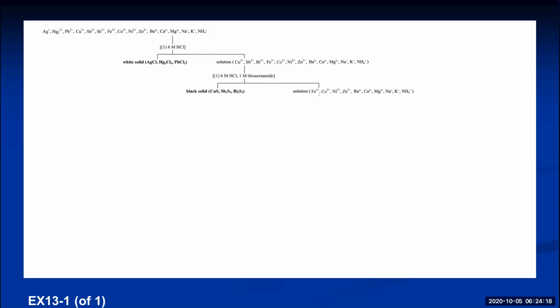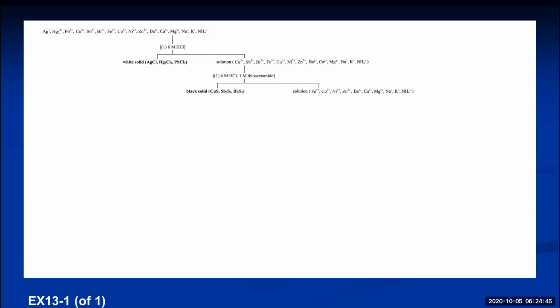In experiment 13 and 14, we took that black solid and went through a series of steps to analyze for those 3 specific cations. We found that in a basic solution, the antimony ion formed a complex ion and became soluble, and eventually, with the addition of sodium thiosulfate, we turned that colorless solution into a pink precipitate, indicating that antimony ions were present.